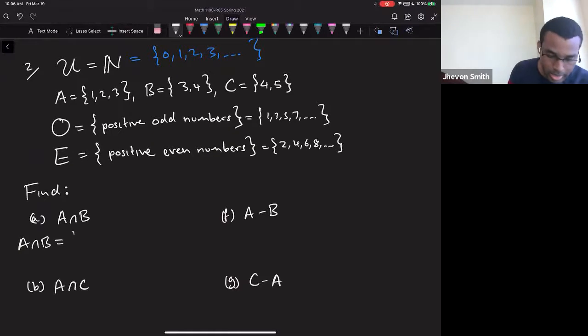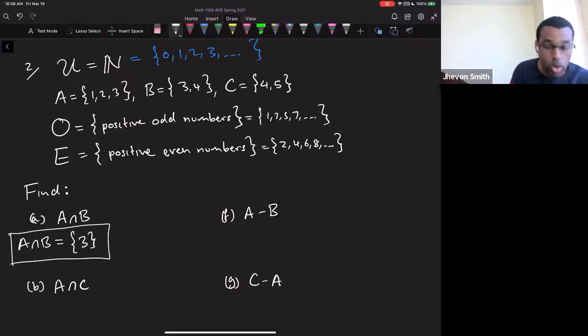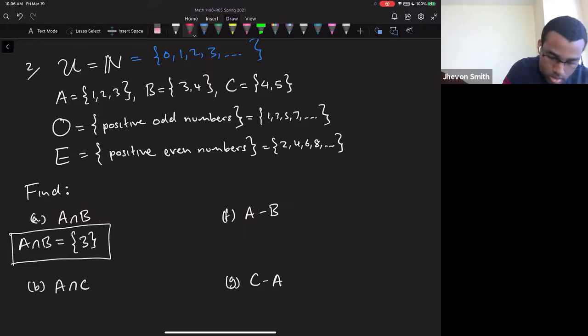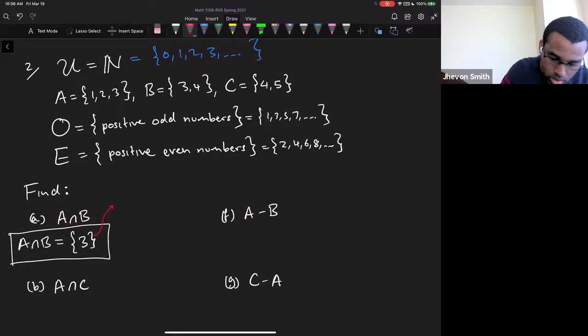It's the set containing 3. Yes, remember the intersection is also a set, so you have to write those set symbols. If you only write down the number 3, it would be incorrect. Very important that you know that. 3 is the element, the intersection is a set. So you have to write the squiggly brackets. Braces, important.